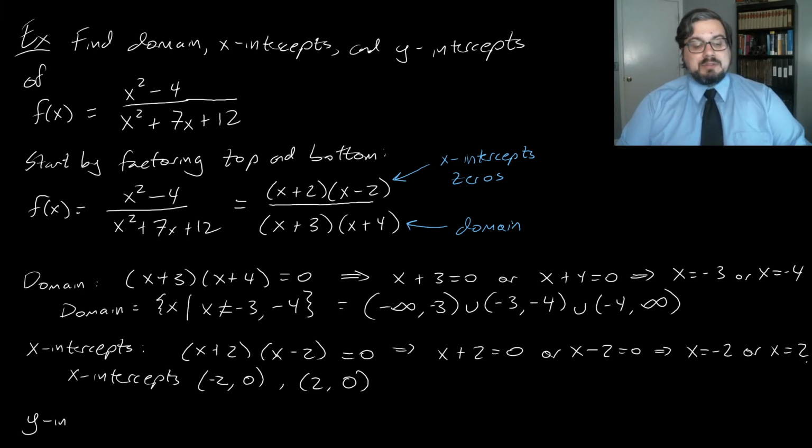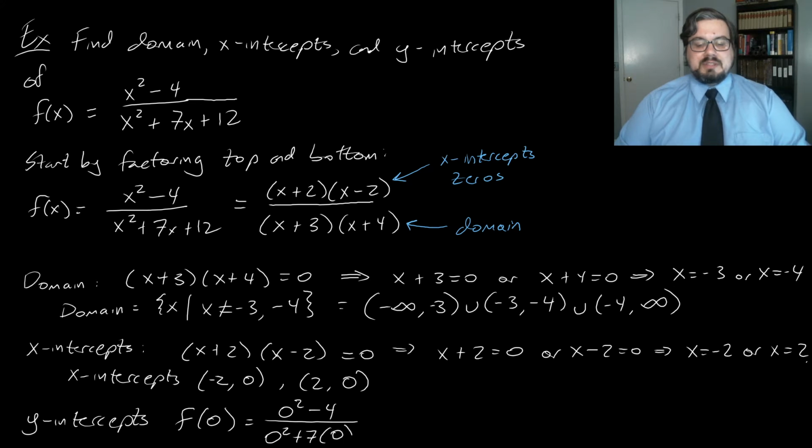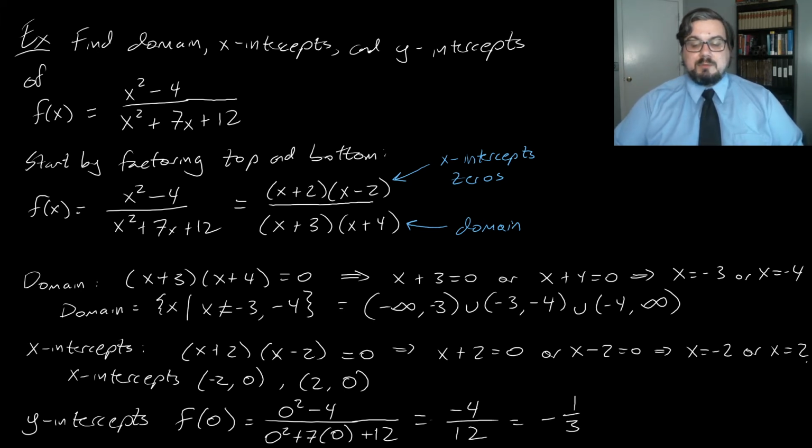Finally, for our y-intercept, we simply have to plug 0 into the function. So f of 0, and here we can use either the factored form or the non-factored form. Which one you use is mostly a matter of personal preference. I'll go ahead and use the original this time. So we get 0 squared minus 4 over 0 squared plus 7 times 0 plus 12, which gives us negative 4 over 12, which simplifies to negative 1/3.